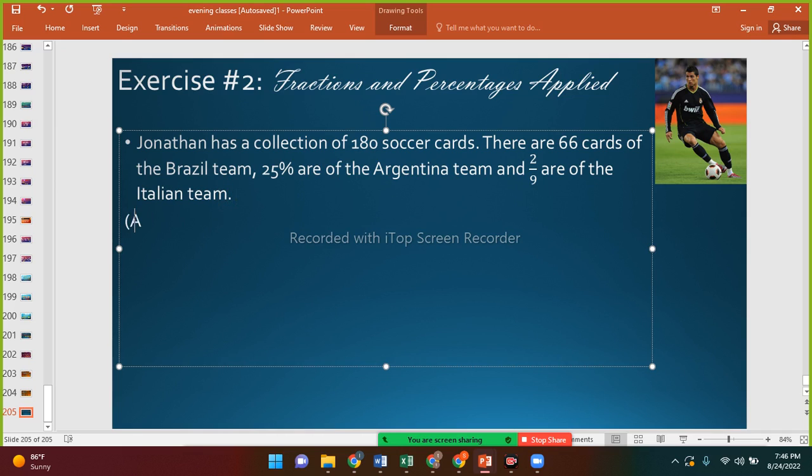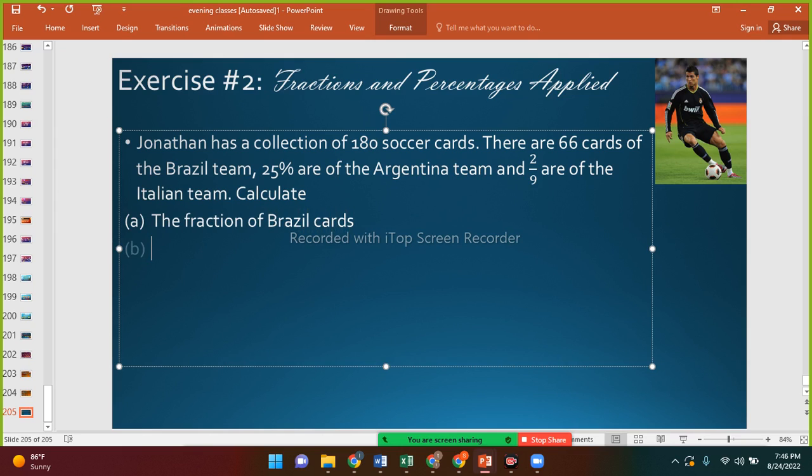So question A, by the way, we have to calculate the fraction of Brazil cards.